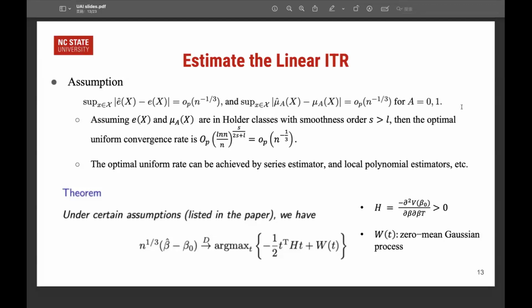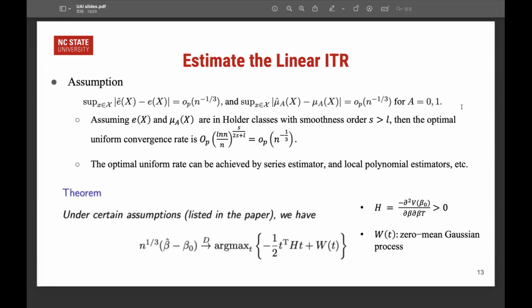This rate is quicker than what we have discussed before, and uniform convergence is also stricter than the L2 convergence. To achieve this convergence rate, we first assume that the propensity score and outcome mean function are in the Holder class with the smoothness order s larger than L, where L is the dimension of the covariates.